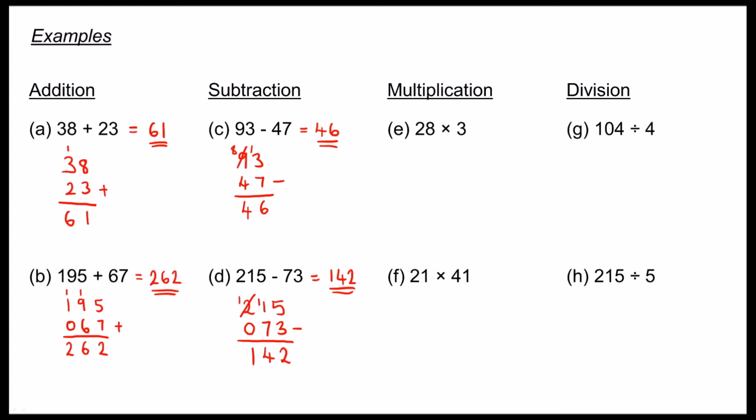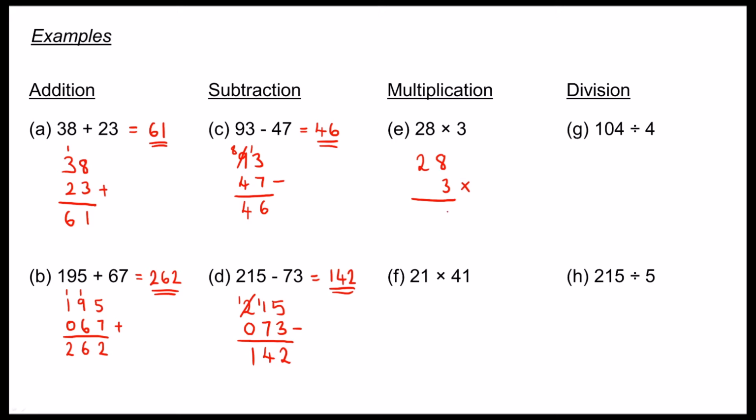To work out the multiplication questions, I'm going to start off writing it as if it was a column addition or subtraction. So 28 on the top, and 3 in line beneath the 8. I need to begin by timesing everything on this top row, so the 8 and the 2, by the 3 beneath it. So 3 times 8 is 24.